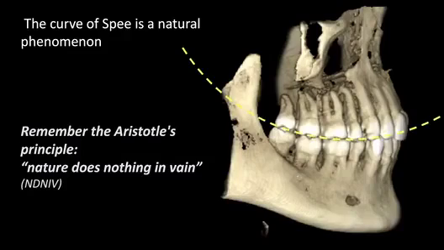The curve of Spee is a natural phenomenon which is a consequence of the variable inclination of the teeth. Each occlusal table has a different inclination for each tooth. And remember Aristotle's principle, nature does nothing in vain. It's not by random, it is because there are biomechanical rules behind it.